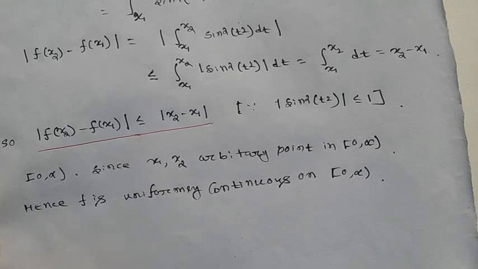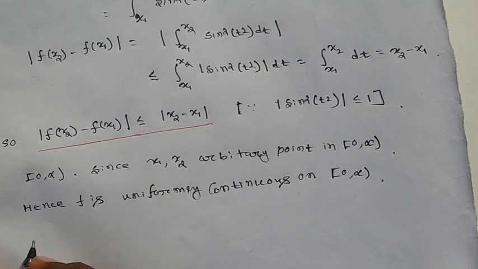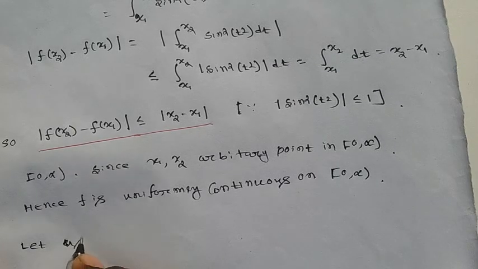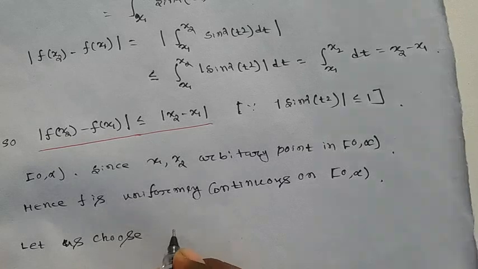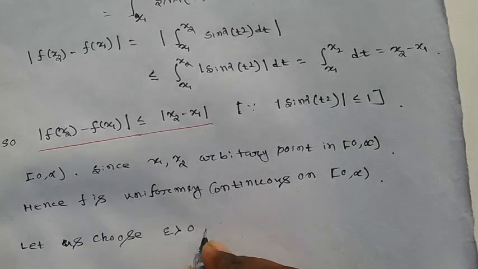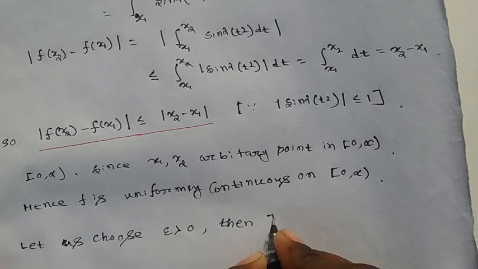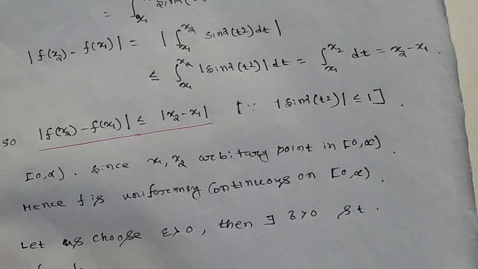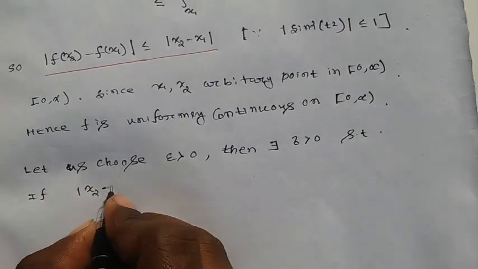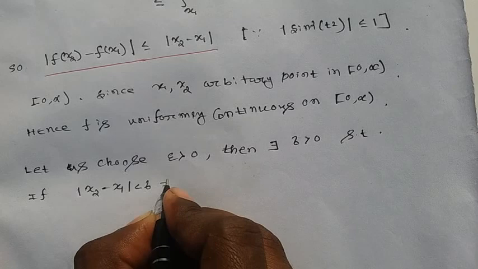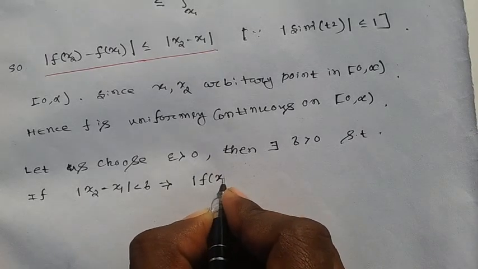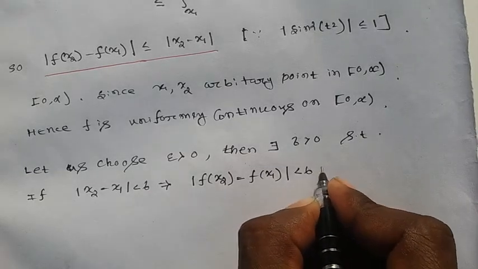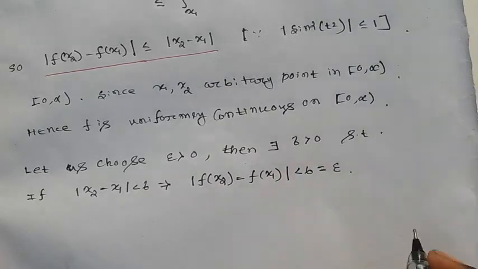What is uniform continuity? Let us choose an epsilon greater than 0, then there exists a delta greater than 0 such that if mod of x2 minus x1 is less than delta, this implies mod of f of x2 minus f of x1 is less than epsilon, and take epsilon equal to delta.